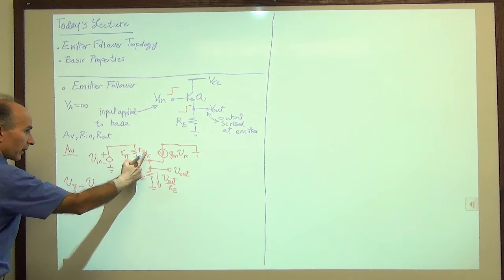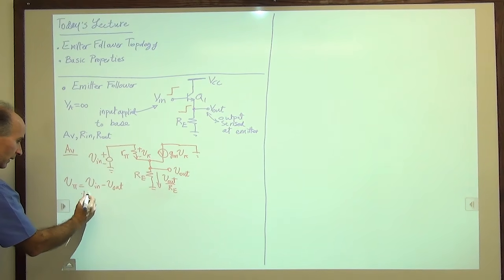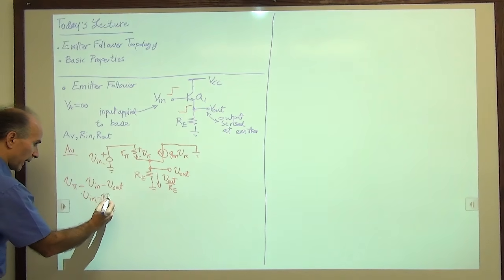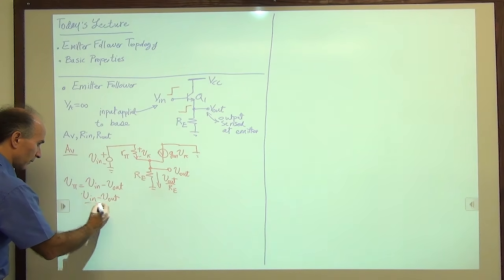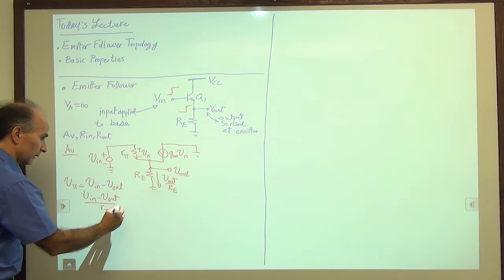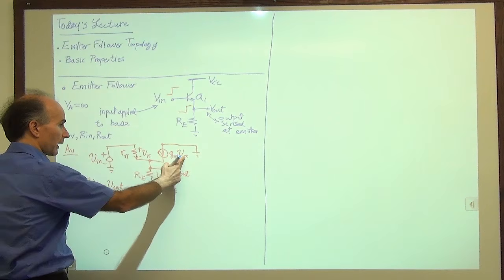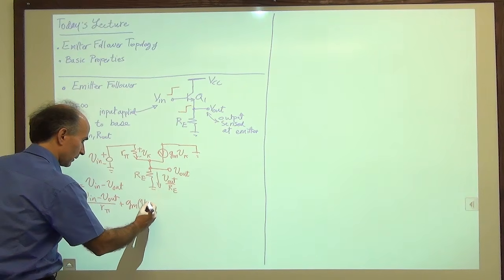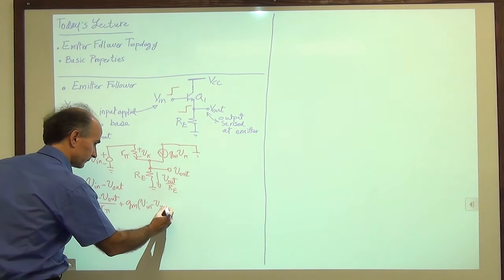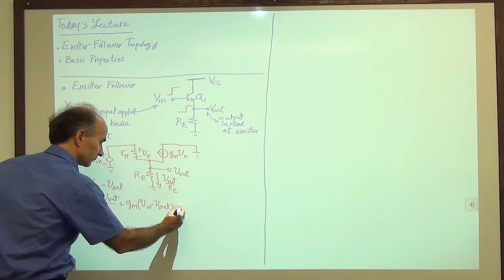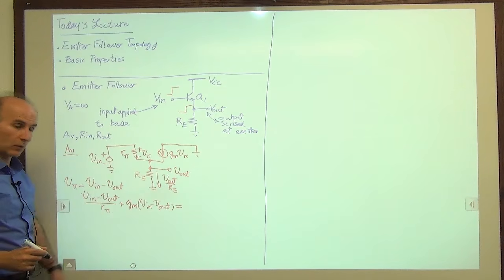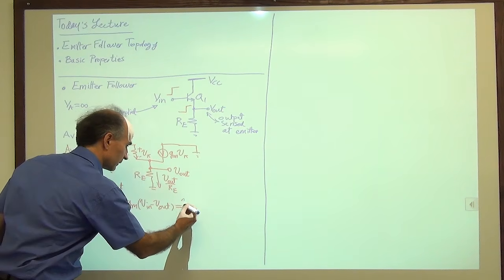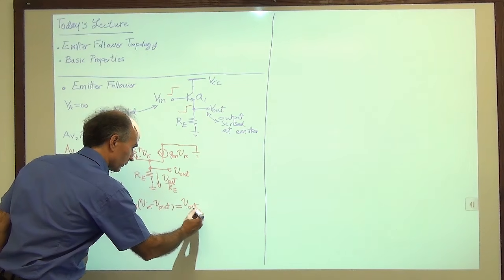So we write V pi over r pi, so (V in minus V out) over r pi, plus gm V pi, gm (V in minus V out). These must equal V out over RE.